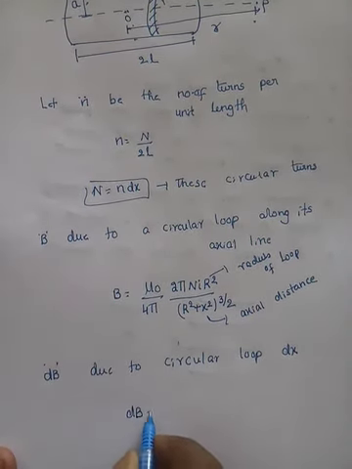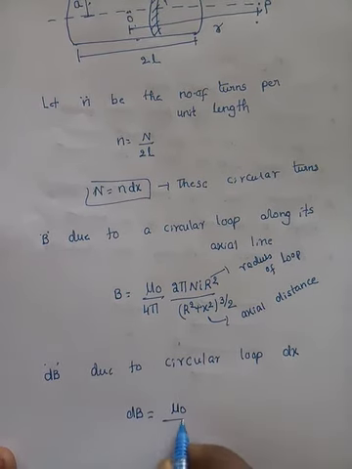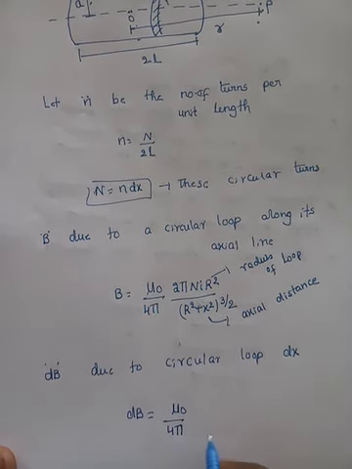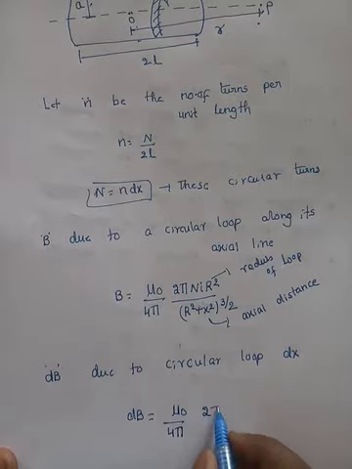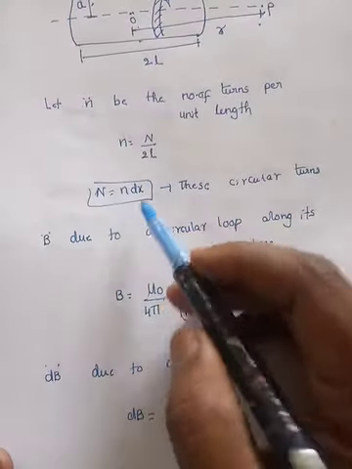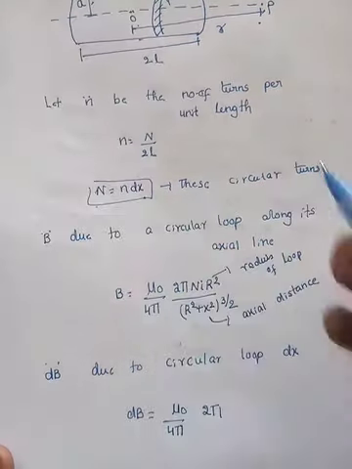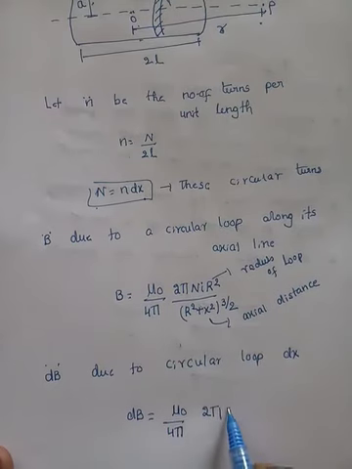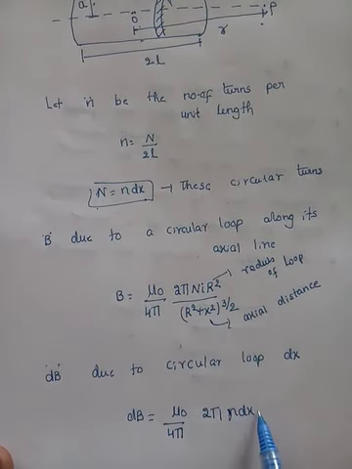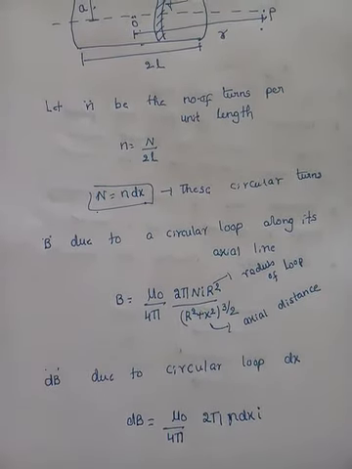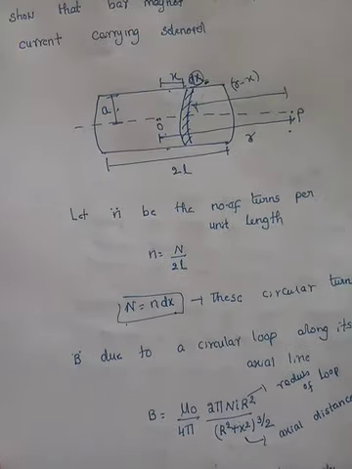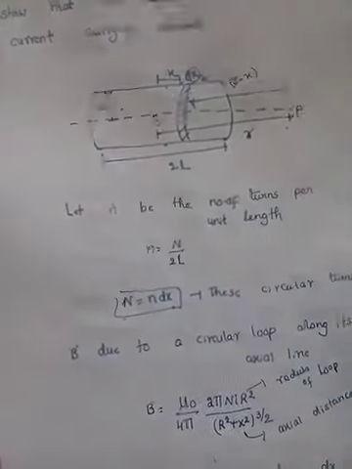dB is equal to mu naught by 4 pi, 2 pi. What is n? Like this, how many turns are there? n into dx. So instead of n we write n dx into I. What is r here? The radius of the loop, which is the radius of the solenoid, a.